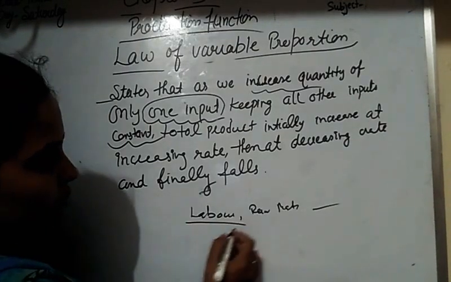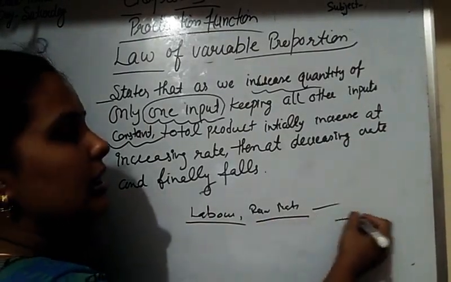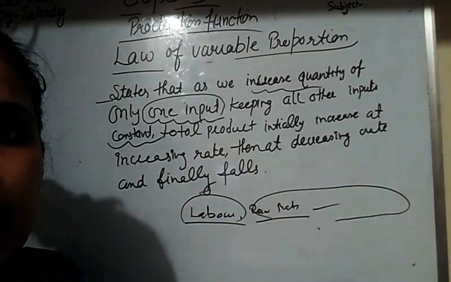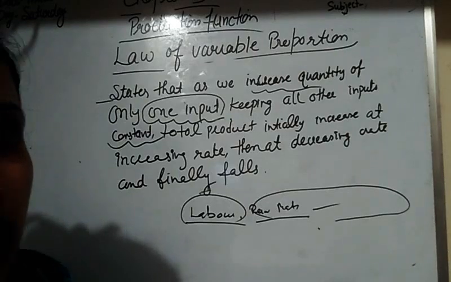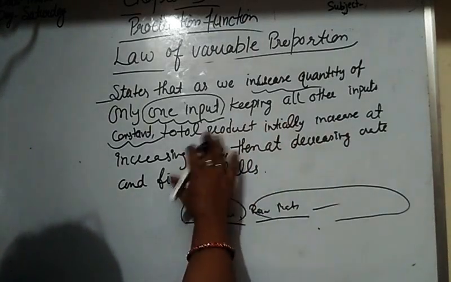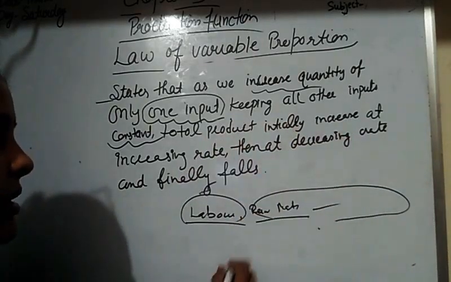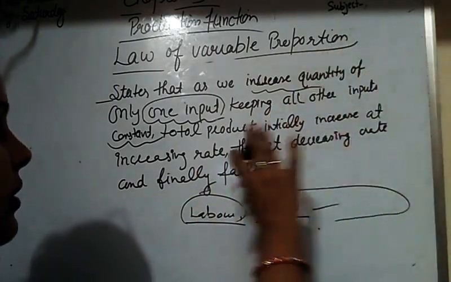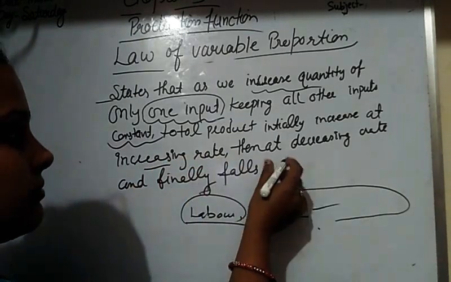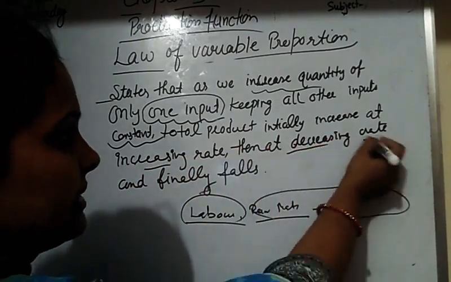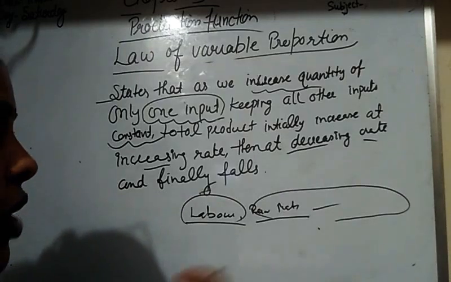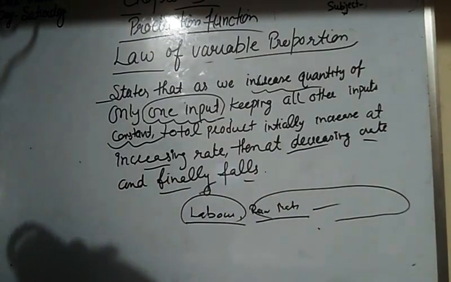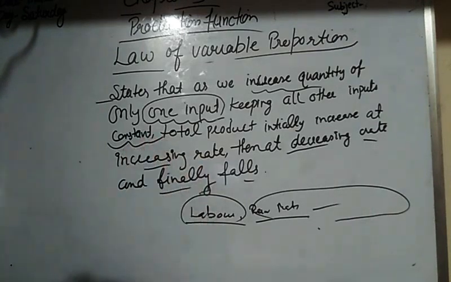If we keep raw material and other variable factors constant and just increase the number of laborers, the production first increases at increasing rate, meaning it increases at a very fast rate. After that, it increases at a decreasing rate, and then, with the overuse of labor, the production finally falls. Okay students, I hope the definition is clear.